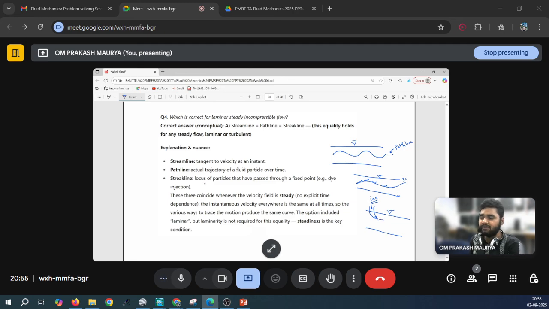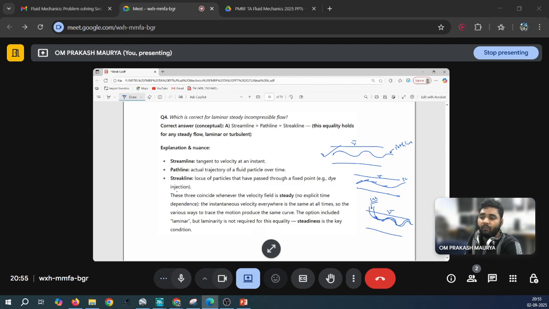The locus of particles means the path of the particles that have passed through a fixed point. Let us suppose a lot of fluid particles are going like that. So at a particular point we are discussing path line, and in streamline millions of particles, and in streak line a little bit fewer particles compared to this. So remember please.